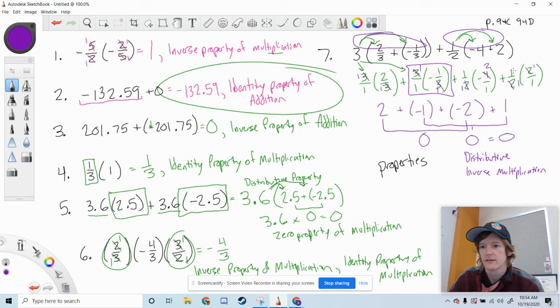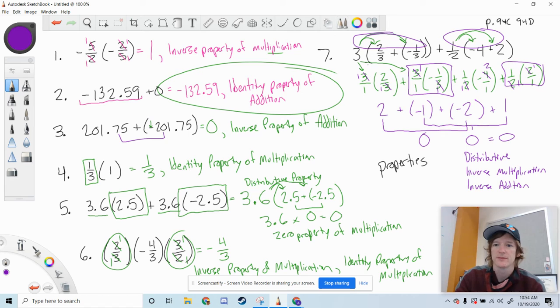In a couple places we used that. What's the one where there's two opposites? I think that's going to be the inverse property of addition. We used this property where you have a 2 and a -2 makes 0, and a 1 and a -1 makes 0. So this is an inverse property of addition.